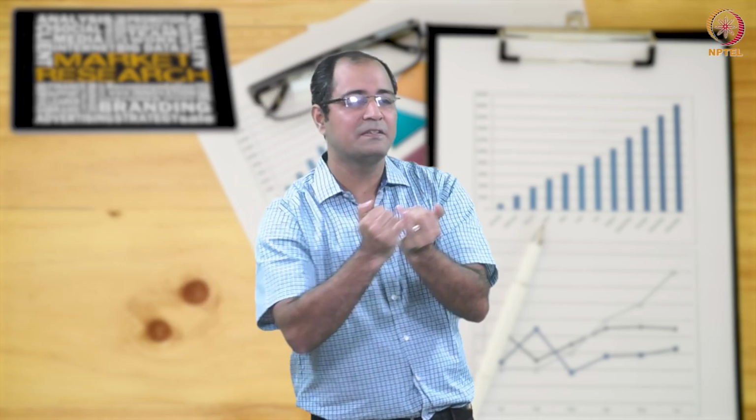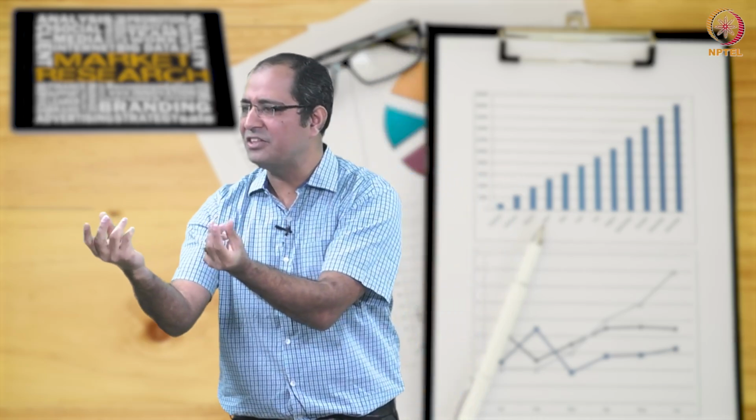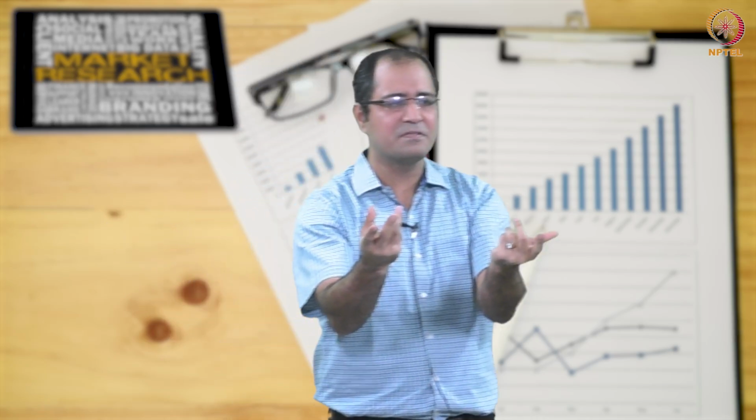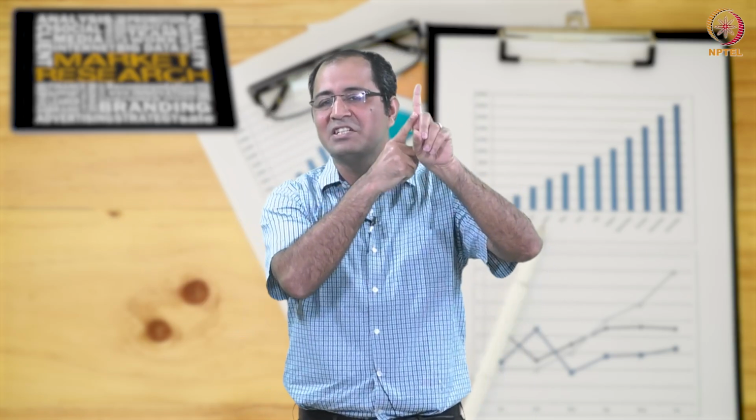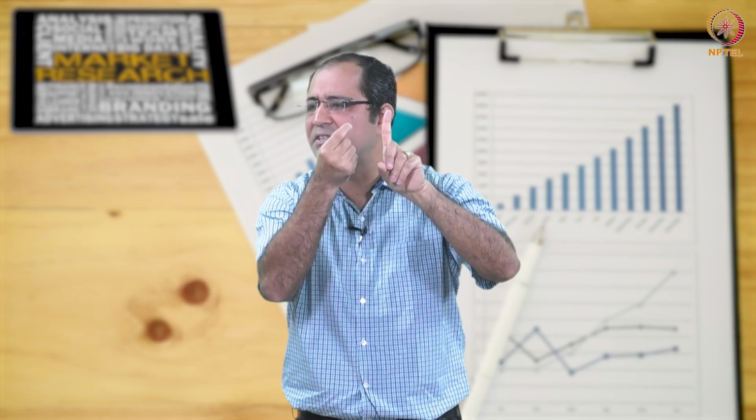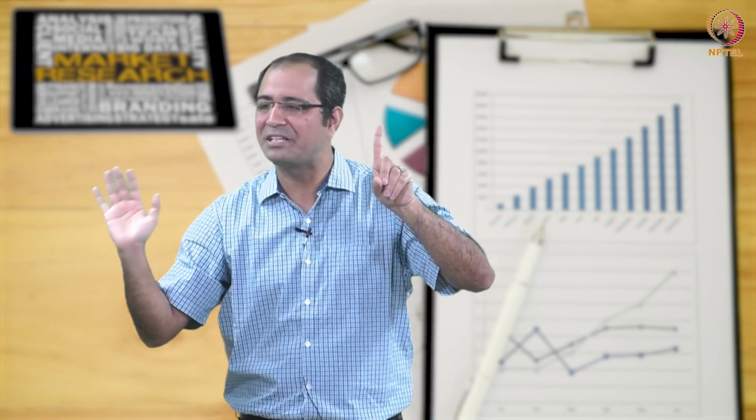So theory explains a part of reality. And what constitutes theory? Theory has certain concepts, ideas or variables. Three things. One, theory has certain concepts, ideas, variables that are defined precisely.